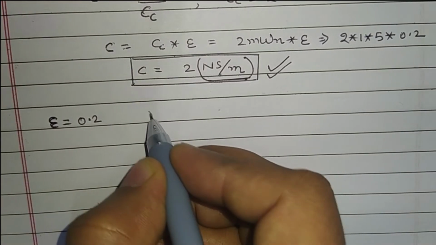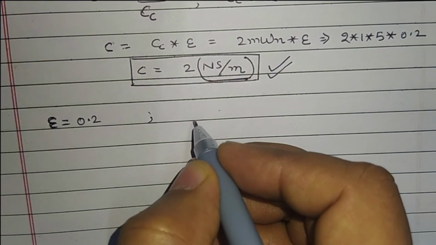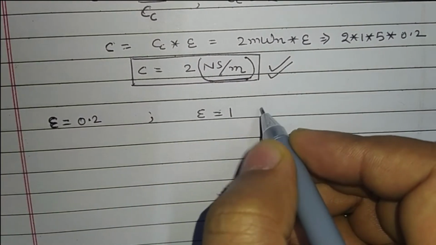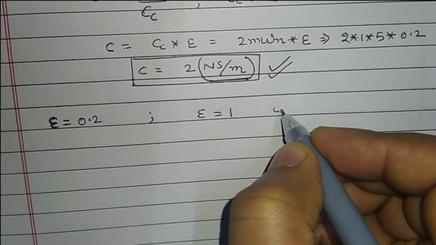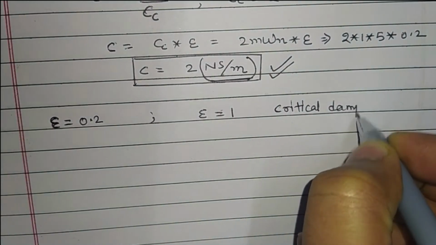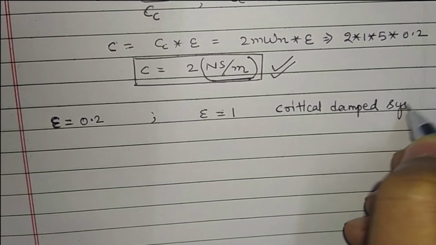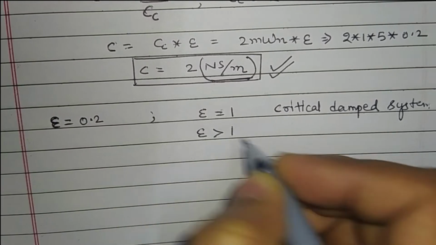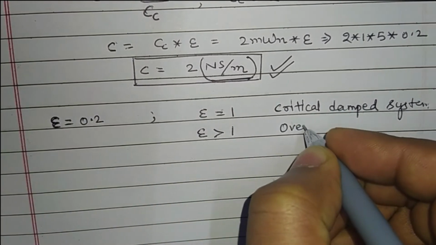What is the significance of this ratio? For example, if the system has a damping ratio equal to 1, we call this a critically damped system. And if ε is greater than 1, then we call it an overdamped system.